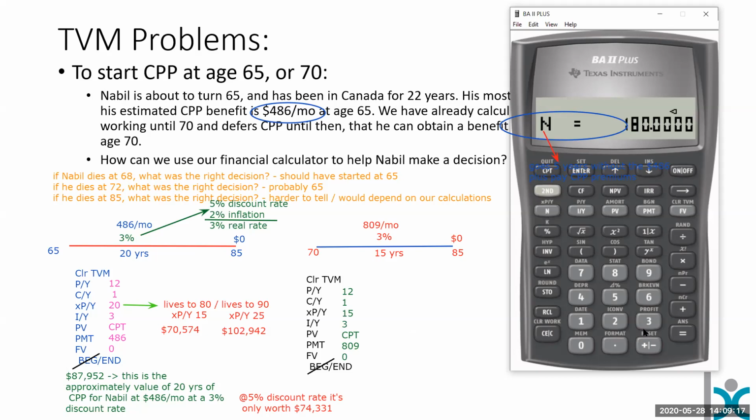And IY of 3 and $809 of payment. And then 0 future value. And then we compute our present value. And we get a whole lot larger number. Our present value is $117,479.